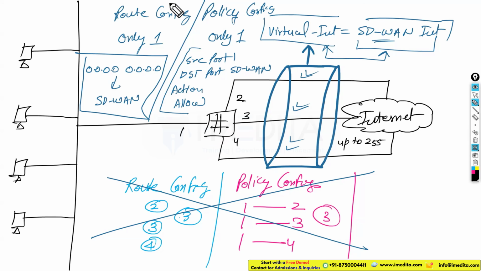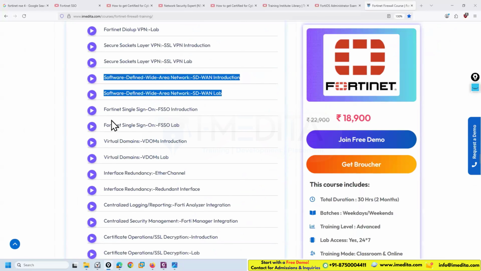Advantage: less routing configuration, less policy configuration, and traffic will be distributed to all the interfaces. In the best way, we can utilize our multiple WAN links. This is the purpose of SD-WAN.